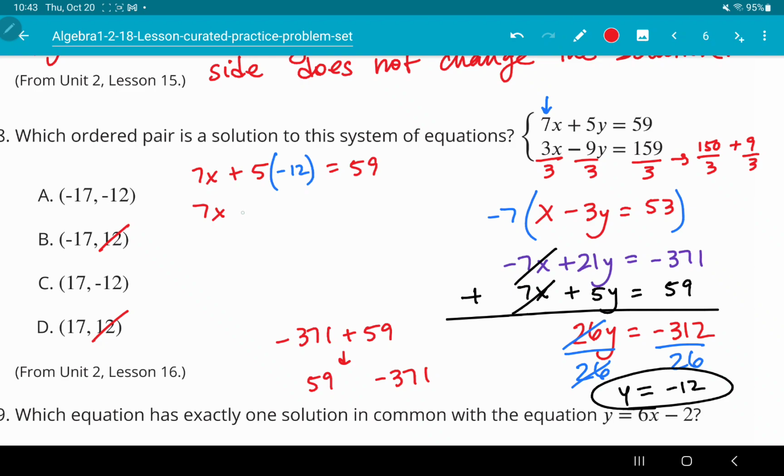So we're going to have plus a negative 60, that's the same thing as minus 60, equals 59. We can add 60 to both sides. These will cancel, and we'll have 7x on the left side, and then 60 plus 59. That's the same thing as 60 plus 60 minus 1, so it's going to be 119.